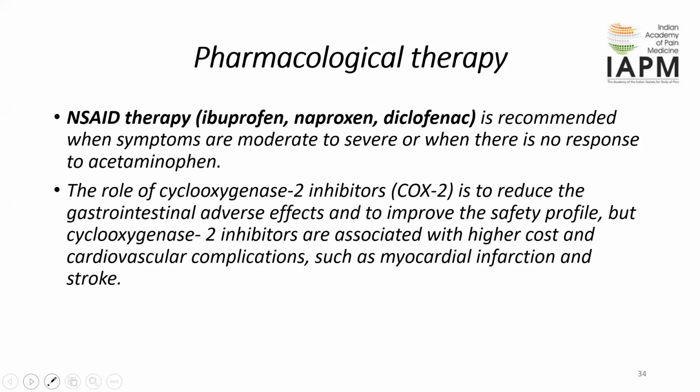All these are NSAIDs. Few are selective, few are non-selective, but all are associated with some complications. With NSAIDs, there is gastric ulcer. With COX-2 selective inhibitors like celecoxib and etoricoxib, there are stroke and cardiovascular complications. So be cautious about using NSAID medication.